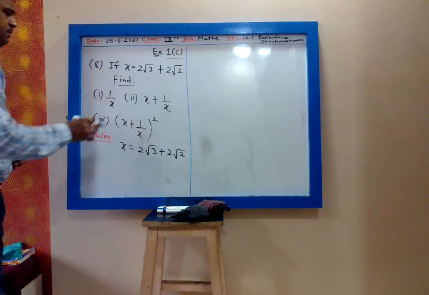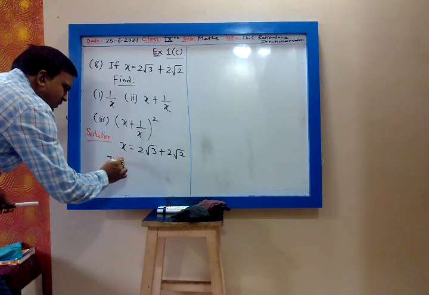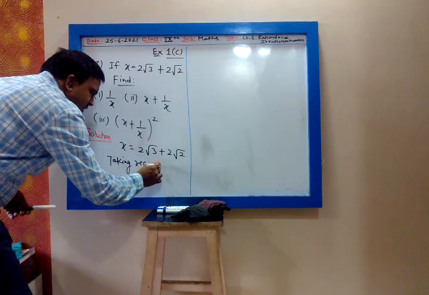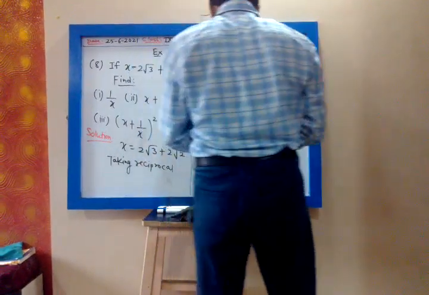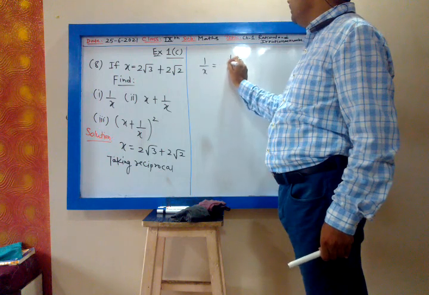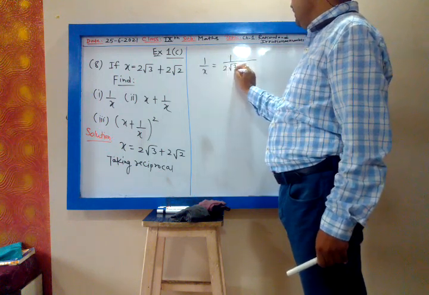now we want to find 1 upon x. So 1 upon x means taking the reciprocal. So 1 upon x will be 1 upon 2 root 3 plus 2 root 2.